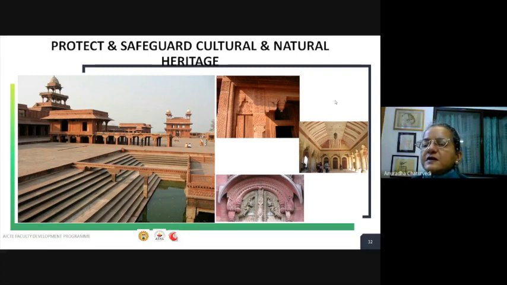Sometimes these skills are still safeguarded by communities of craftspeople. In some cases, many of the skills have been lost and need to be revived. So, in order to protect and safeguard the tangible cultural heritage and resources, it may be necessary to revive and revitalize the traditional knowledge systems also.